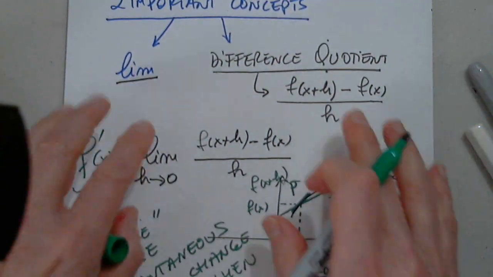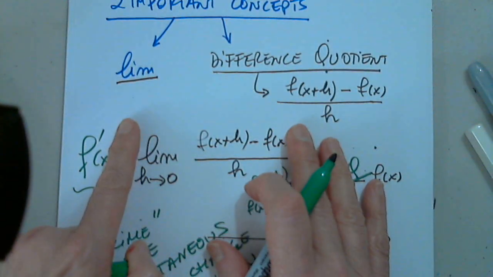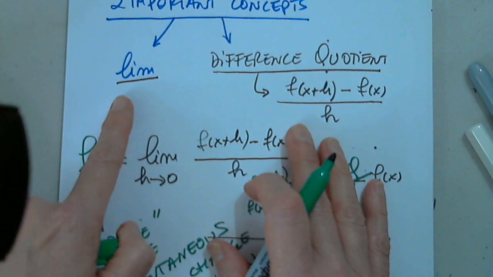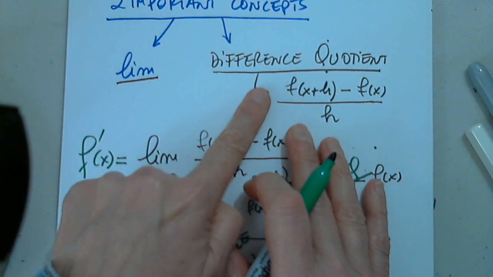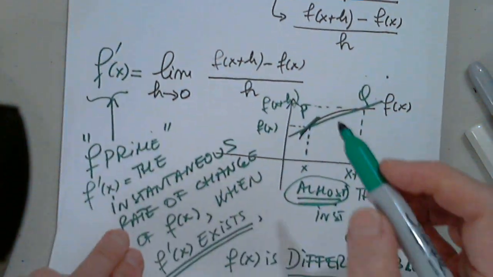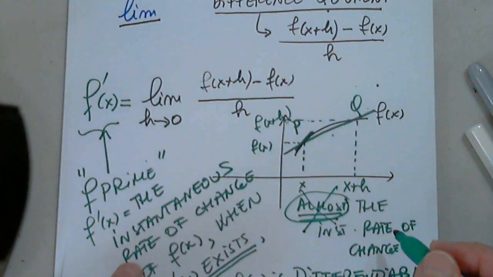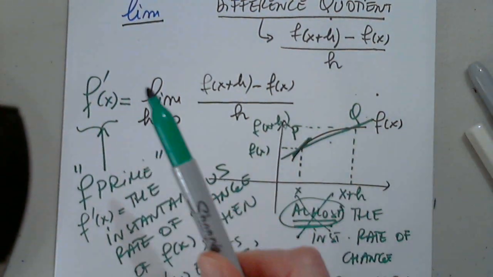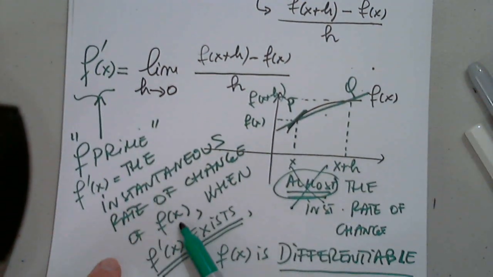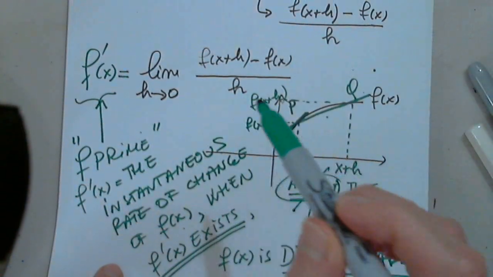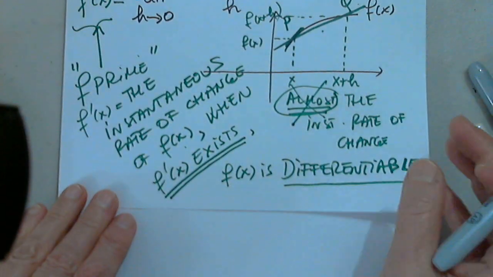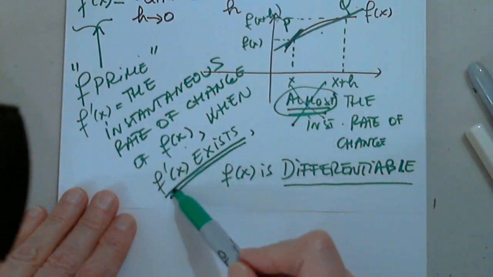Okay, so we put these two concepts that we've been talking about for almost three weeks, the limit and the difference quotient, we put them together. And now this is not almost anymore. It's the exact instantaneous rate of change. How fast is the function f changing at any particular instant? But at that instant, the derivative must exist.